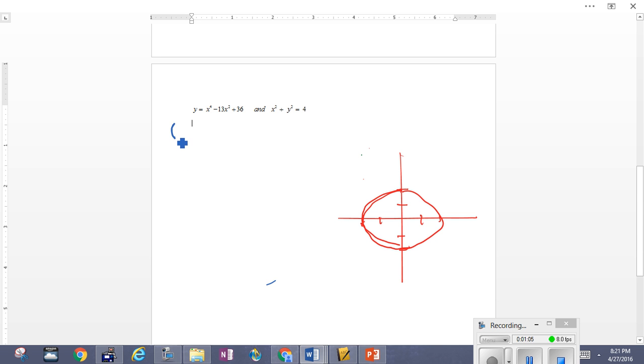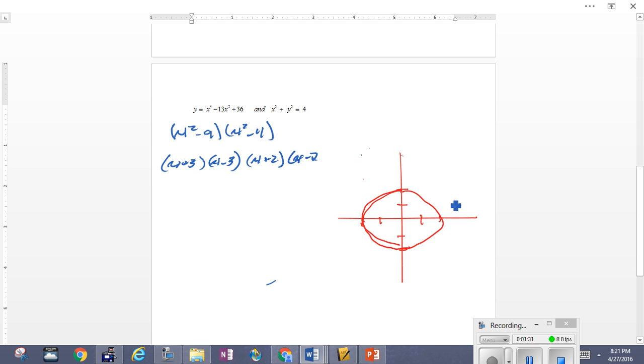That expression does factor easily, as a difference of two squares, x squared minus 9 and x squared minus 4. And each of those subsequent factors is x plus 3, x minus 3, and x plus 2, x minus 2.